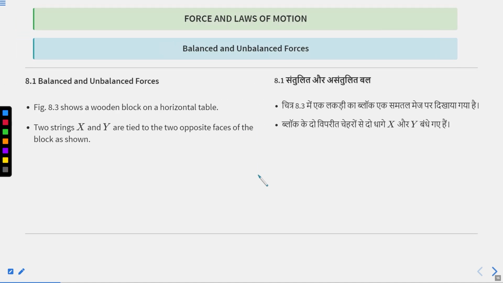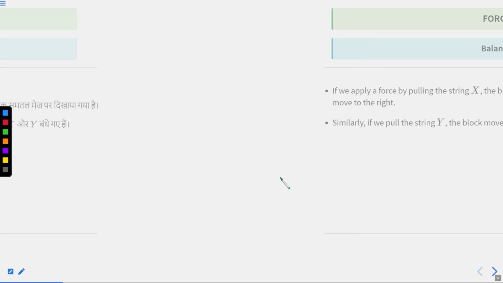So there is a horizontal table and you have put a block in it. Two strings are tied with this block, one is X, one is Y, in two opposite faces.